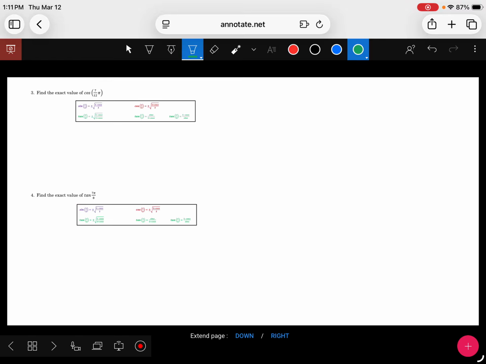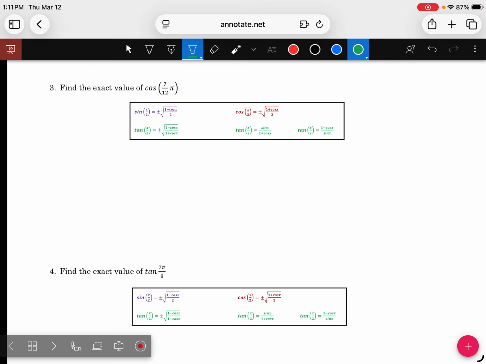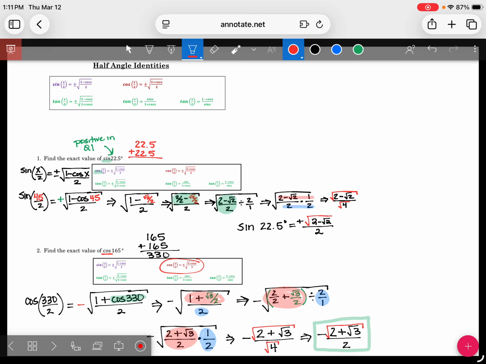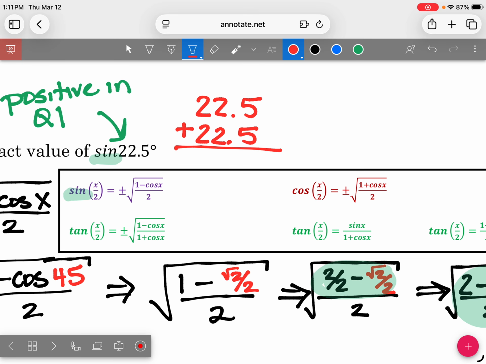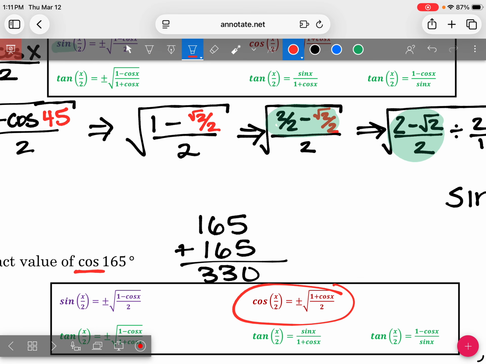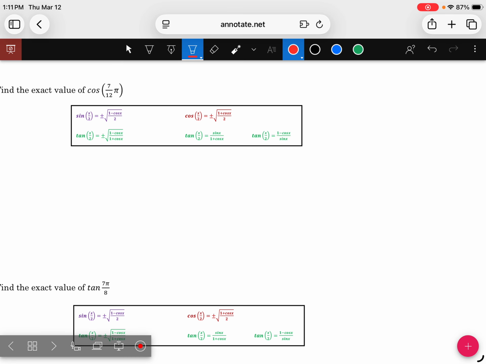All right, last one for today, number 3. So, first thing I'm going to do, just like I did for the other 2. Remember how I started off by adding them together to see 22.5 and 22.5, 165 and 165. I'm going to do the same thing here.